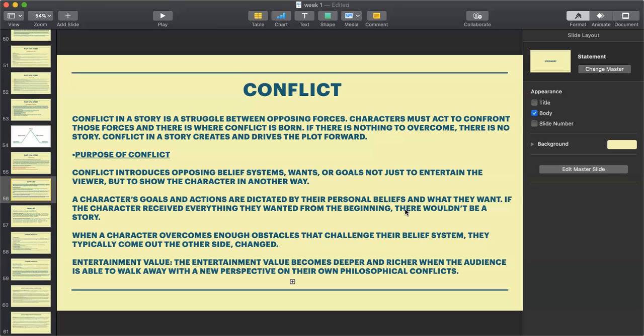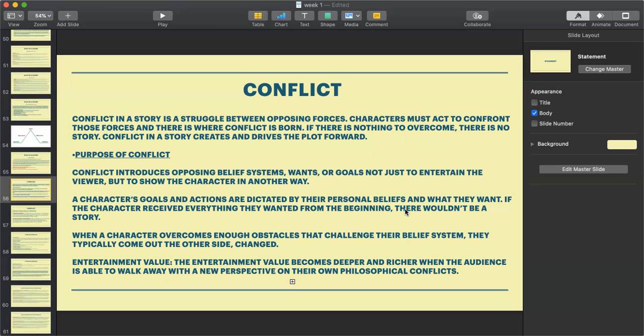That is what your story is all about, right? And that is the conflict. And that conflict in a story creates and drives the plot. Last class we learned about the plot; conflict creates the plot and moves it forward, right?